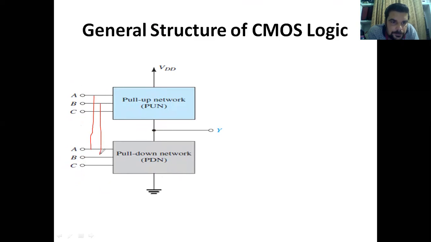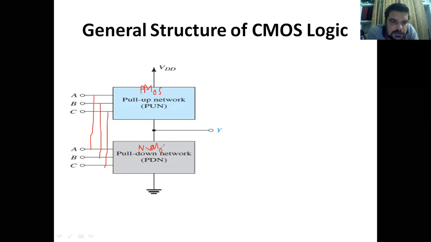Whatever the number of inputs, they are to be connected to both the pull-up network and the pull-down network. Now the pull-up network is basically a network of PMOS transistors. The pull-down network is basically a network of NMOS transistors.